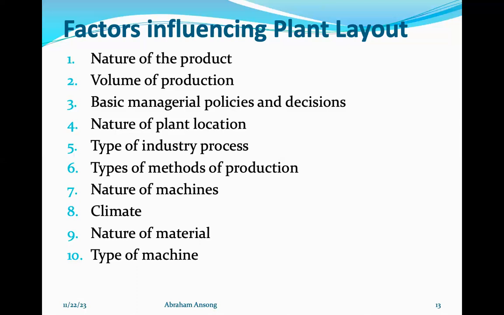Much earlier, we just spoke about if they are huge machines or heavy machines, you have to be using the stationary type of layout and so on and so forth. So on the whole, these are the factors that influence plant layout. How you should lay out your company or facility will be dependent on these factors.